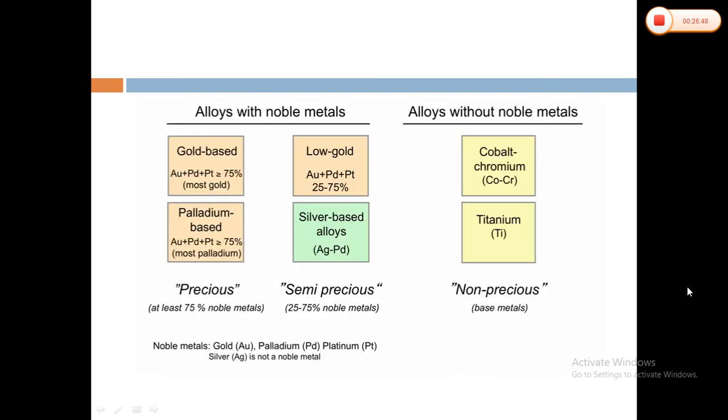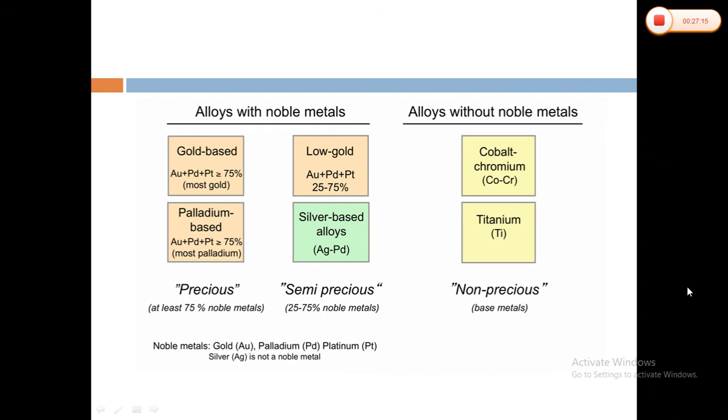What alloys are used in dentistry? Alloys with noble metals, alloys without noble metals. Alloys with noble metals are again classified as precious and semi-precious. In precious, it could be gold-based alloys or palladium-based alloys.